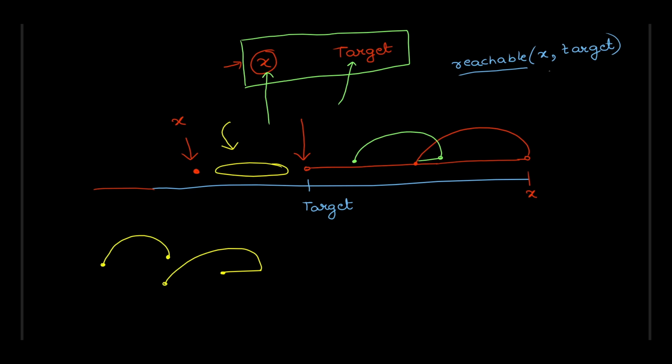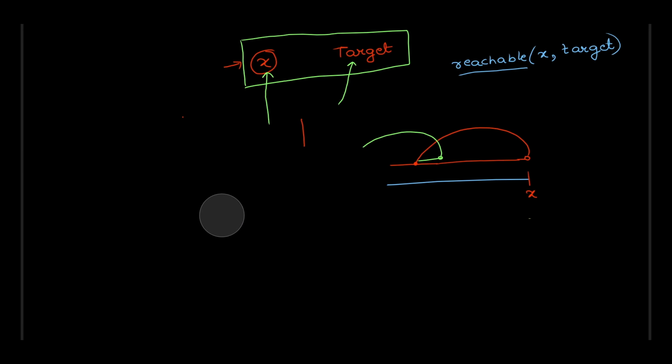So if x is less than target, then the only possible way, because all of these operations only take you backwards, they can take you forward just one step at best. Like if this is odd, then it could be this case, but otherwise they take you big jumps to the backward.